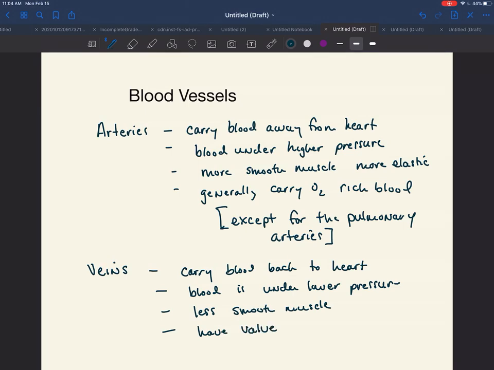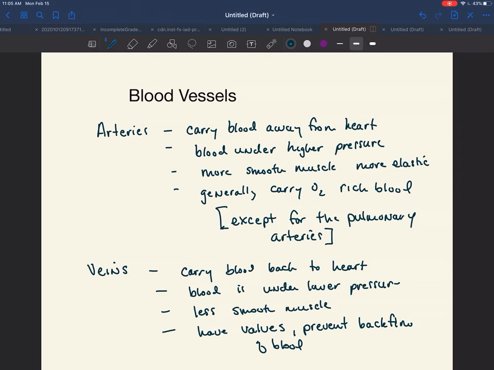But they have valves, and the arteries do not have valves. The valves prevent the backflow of blood. Because it is under low pressure, think about the blood that has to come up from your feet when you're standing back to the heart. So it comes up a little bit and then it goes back down and the valves catch it so that it doesn't go too far down.